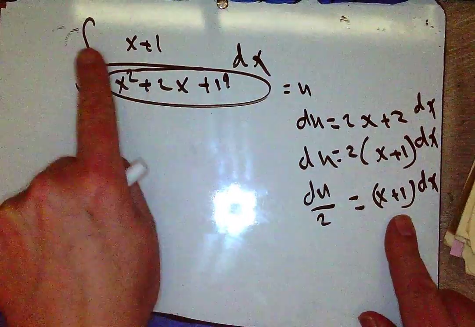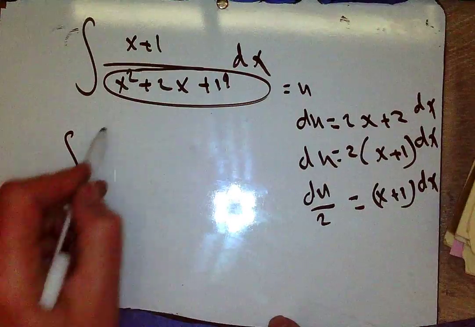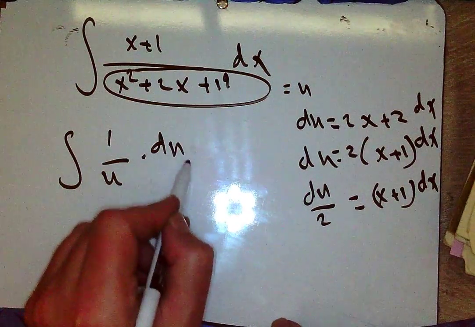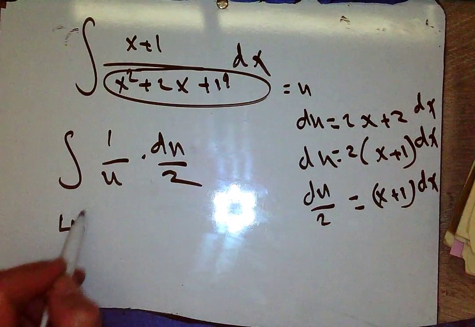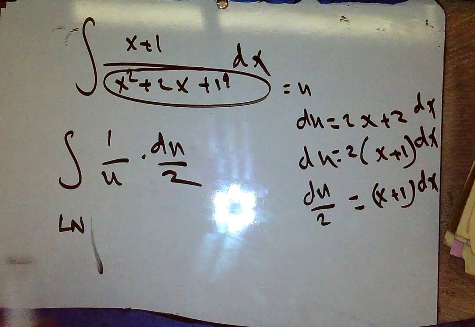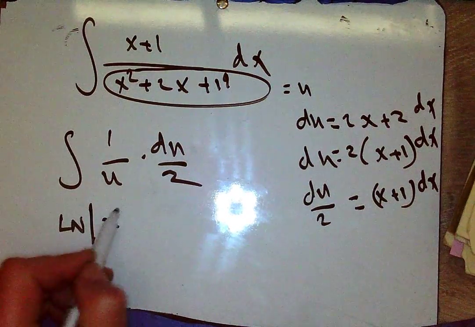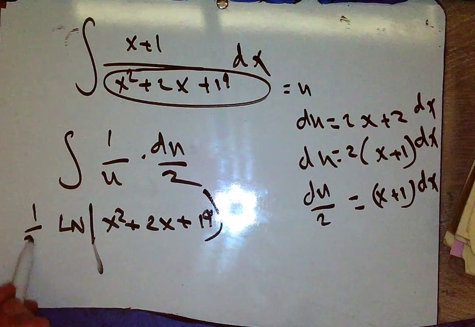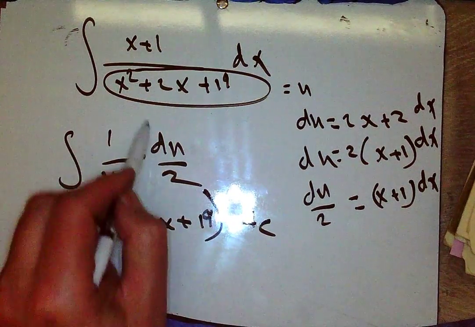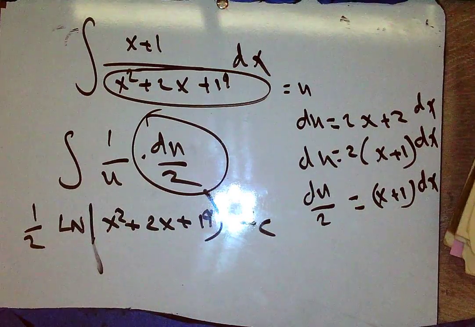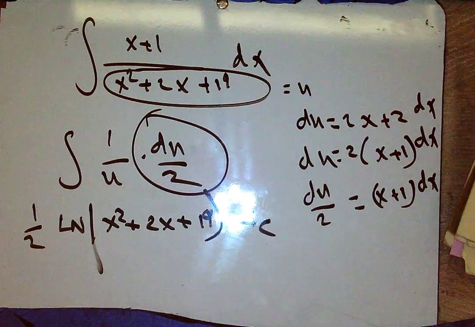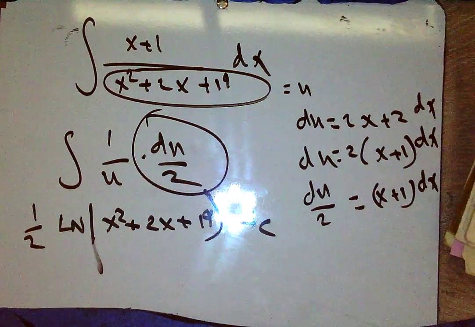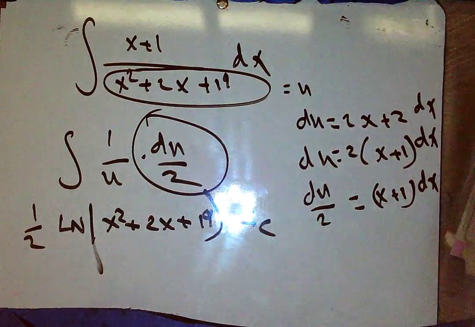So I can get rid of all of this with du over 2. Okay. Station 11 is all set. How about station 12?